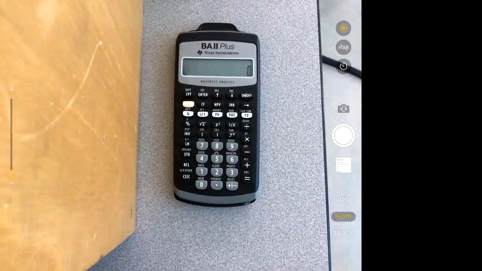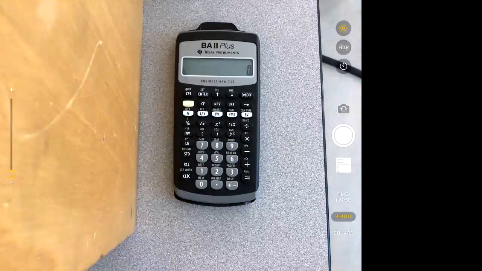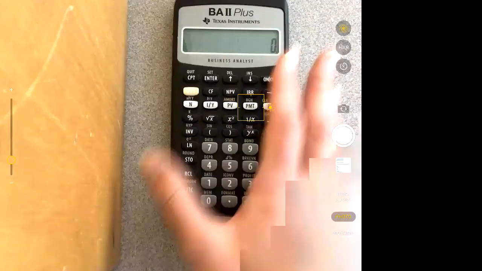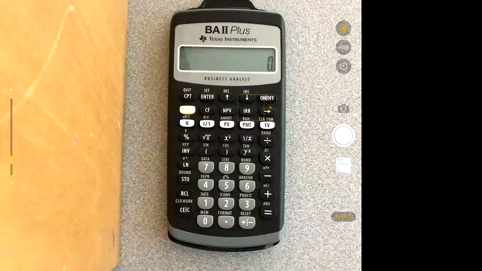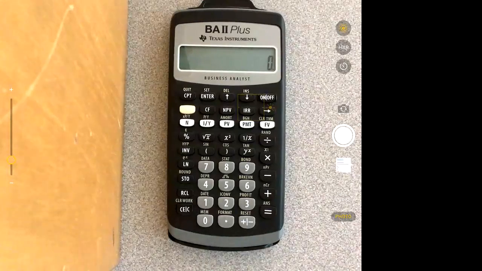It's about as straight as I can make it. Okay, so here we are. And so to calculate days between dates on your calculator, you're going to use, can I zoom in a little bit? How about that? So as good as I can make it. Okay. So we're going to use this dates function.